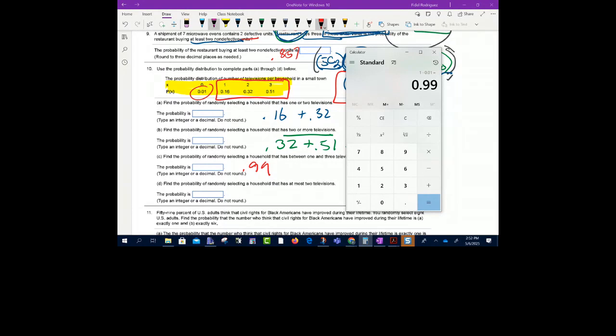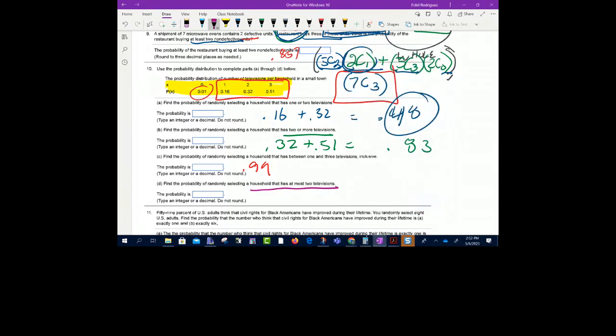Okay, y'all, I got a question for you. What do you think it means at most 2 televisions? What do you think the phrase at most means? 2 or less. Very good. 2 or less. So y'all, what we're looking for is these numbers here. Okay, so you have some options. You can add up all those three numbers, or you can take 1 and subtract that guy.